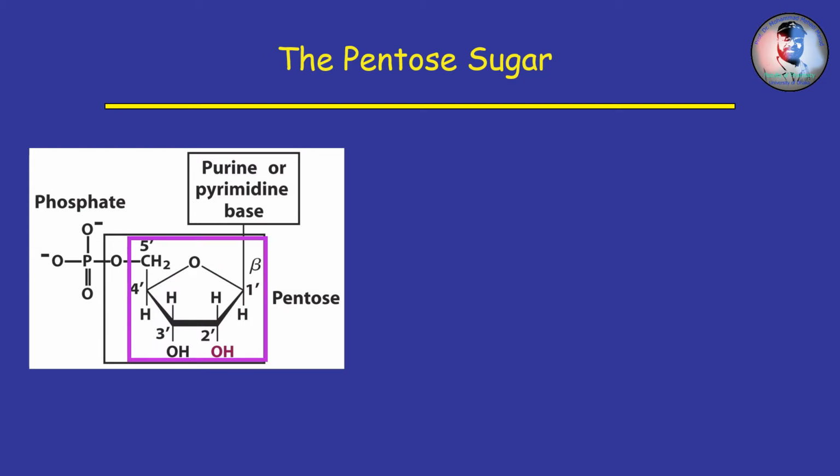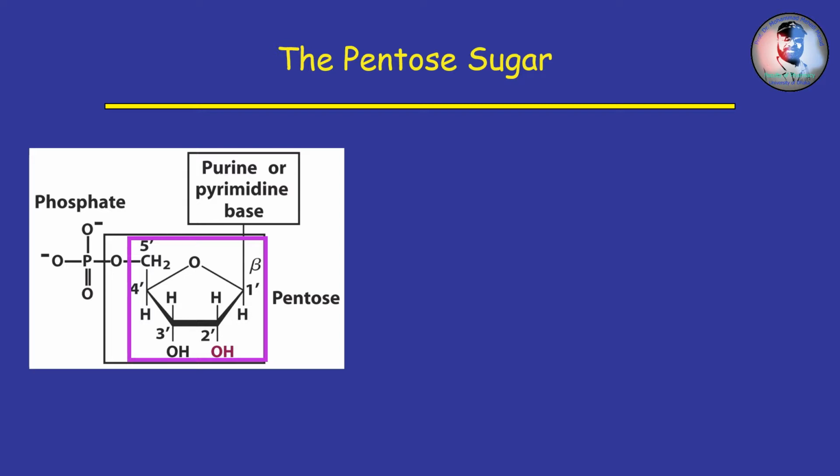The pentose sugars found in nucleotides are aldopentoses. 5-carbon containing sugars are known as pentoses, and if the pentose sugar contains an aldehyde group, that pentose sugar is commonly known as aldopentose.